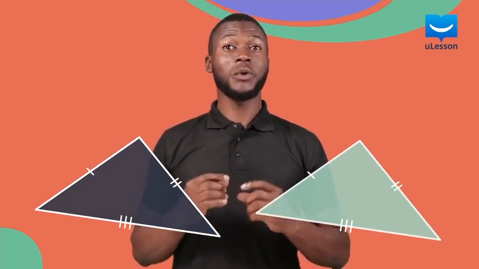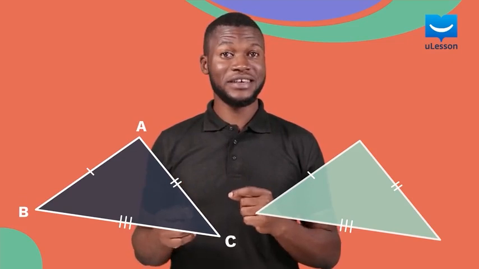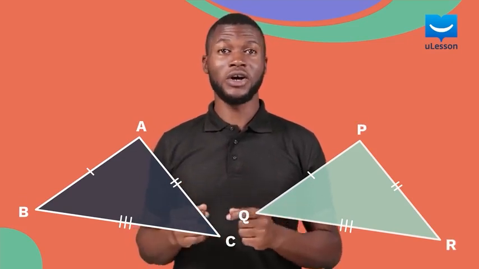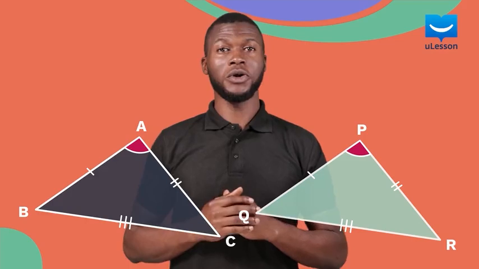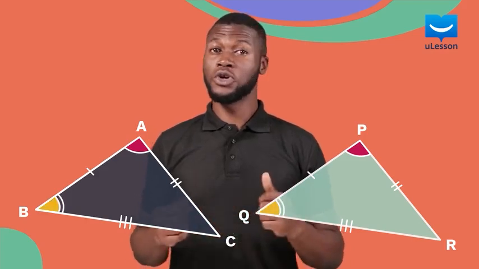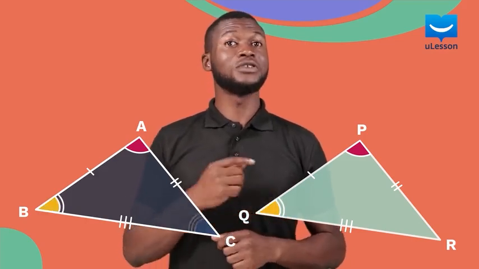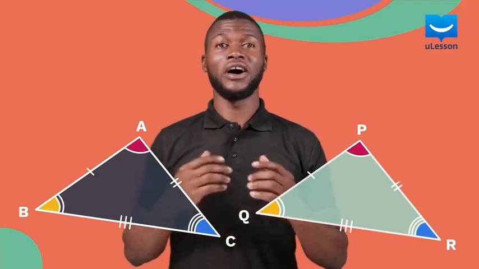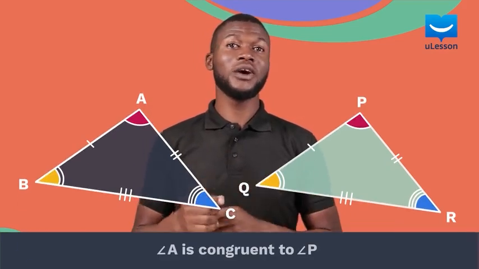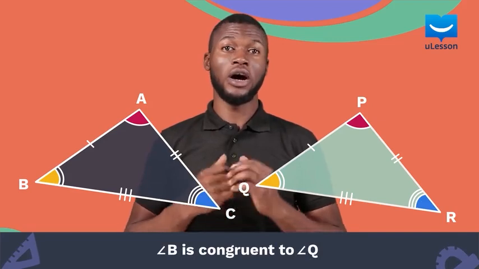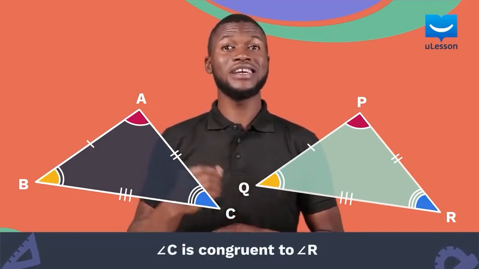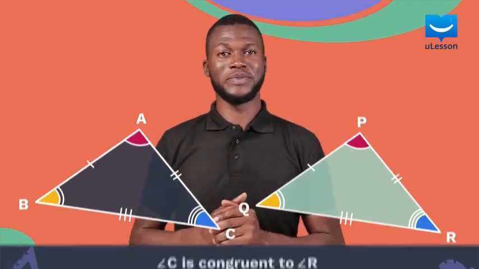This means when we say triangles ABC and PQR are congruent, angle A and angle P are equal, angle B and angle Q are equal, angle C and angle R are equal. We say angle A and P are congruent, angle B and Q are congruent, and angle C and R are congruent.